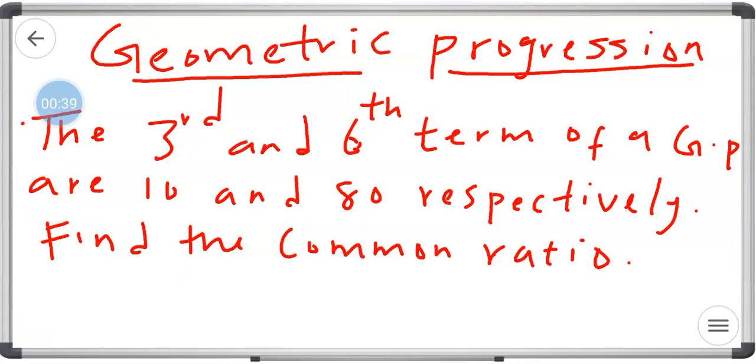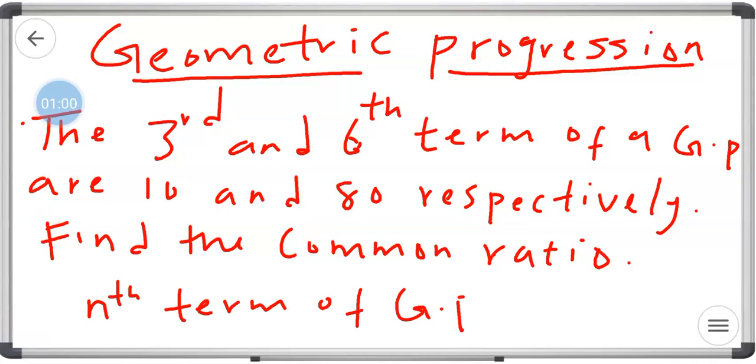So the first thing we have to do here is to bring back our formula for the nth term of a GP.